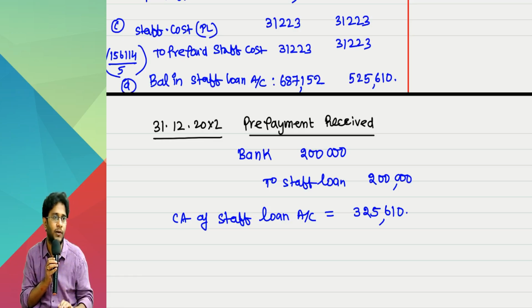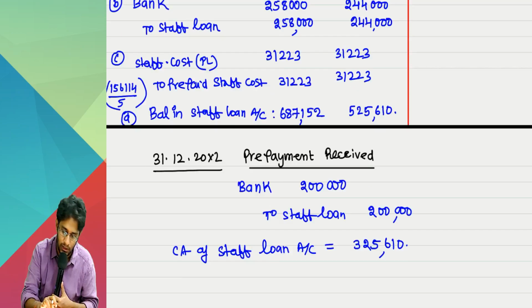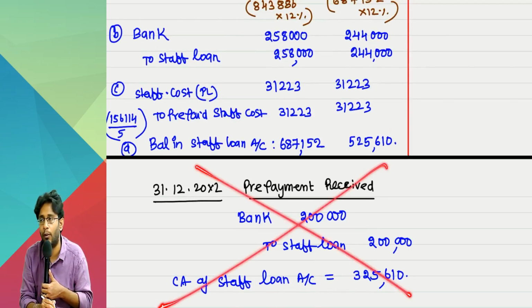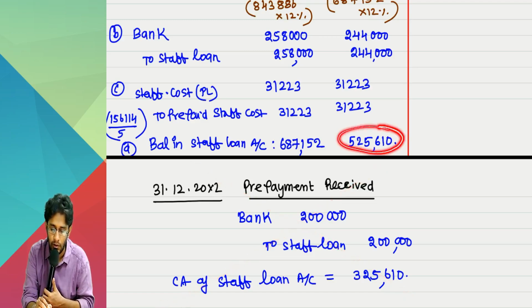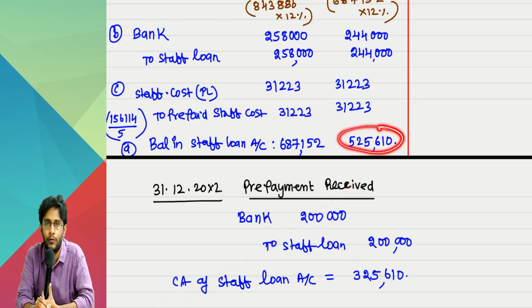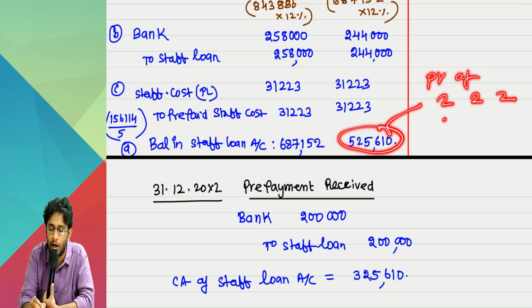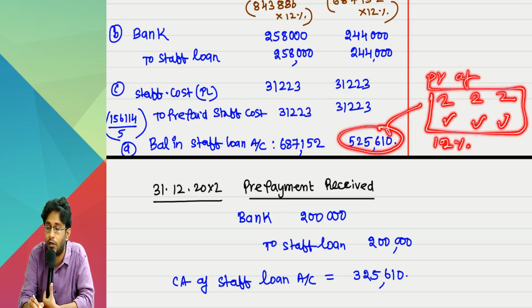ACM will not work. For one moment imagine that if prepayment is not there, then what is the carrying amount of your loan? If you want to patiently sit and work out, 525.16 will represent the present value of 2 lakhs, 2 lakhs, 2 lakhs along with interest for the next 3 years discounted at the rate of 12%.